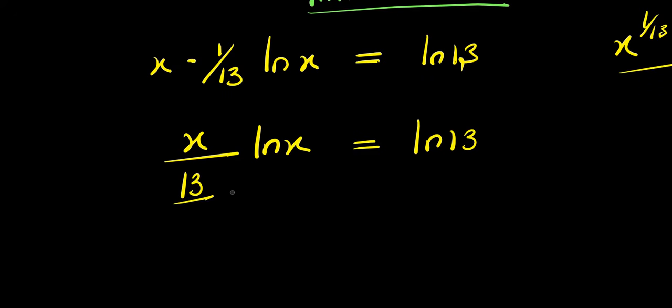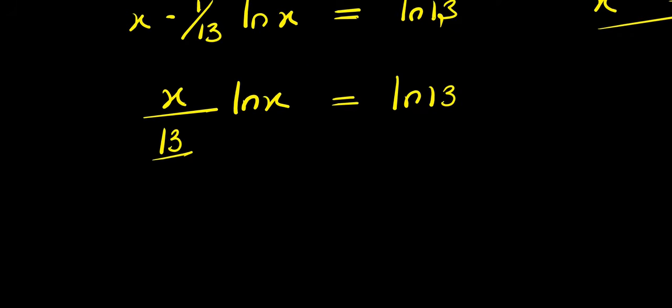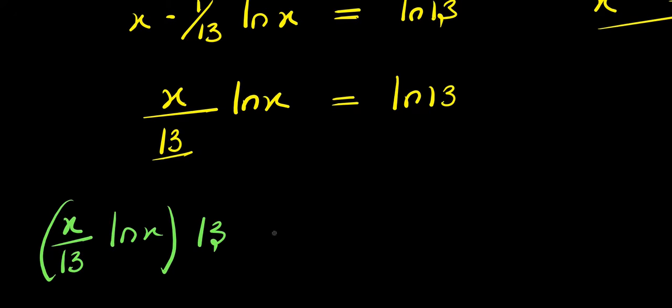So we multiply each part of this equation by 13. That means we are simply going to have x divided by 13 ln x, and this multiplies 13 equals ln 13, and this multiplies what? 13.